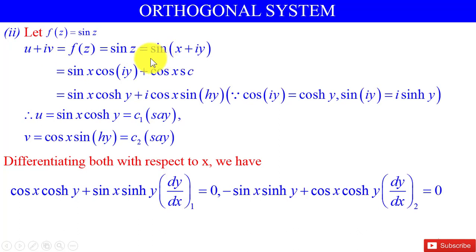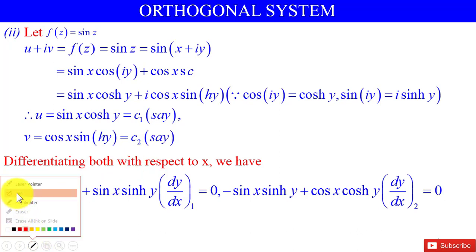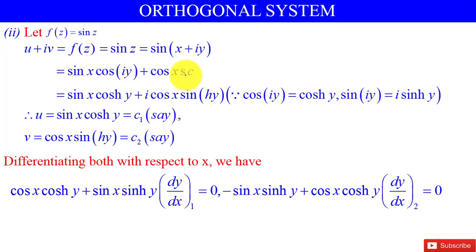This is equal to sin(x + iy) because z = x + iy, which is equal to sin x cos iy + cos x sin iy.